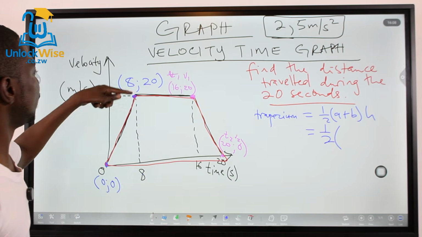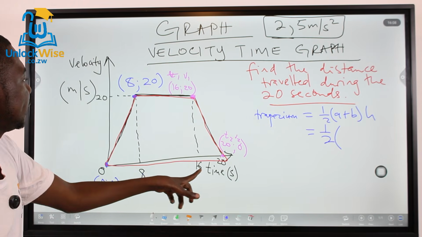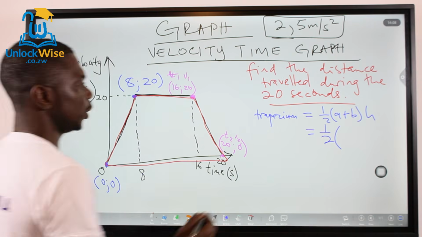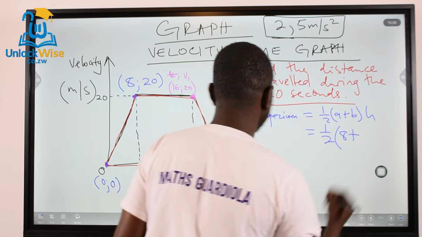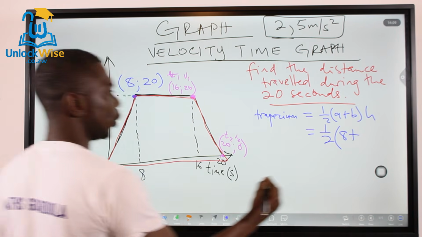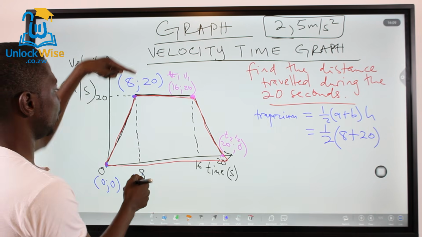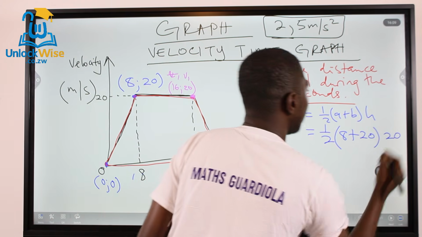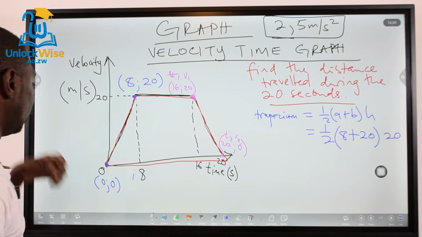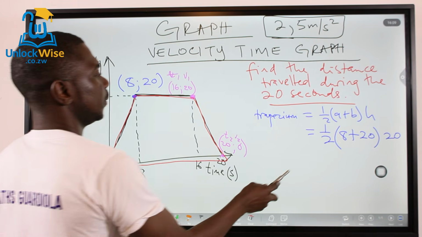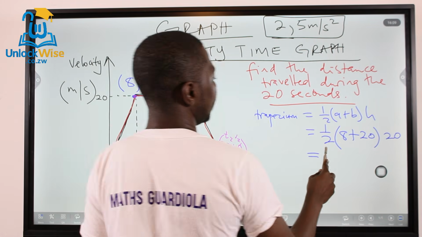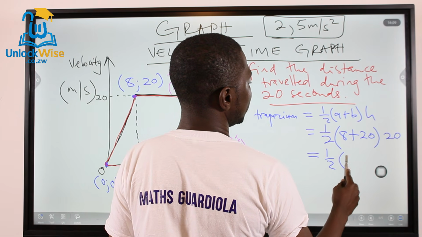Right, so this part is 16 minus 8, which is actually 8, plus this part is 20, and the height is 20 as well. So allow me to maybe simplify what is in the bracket first.